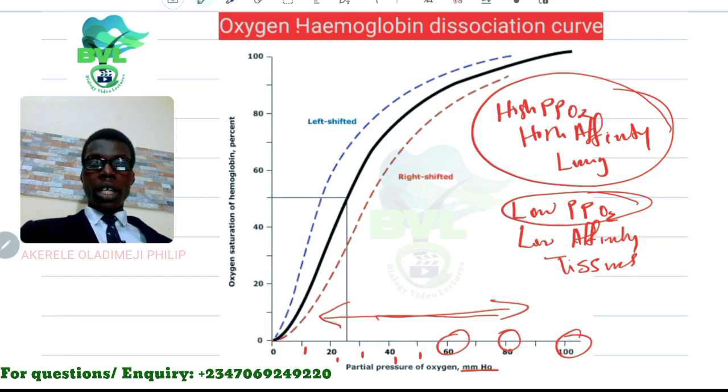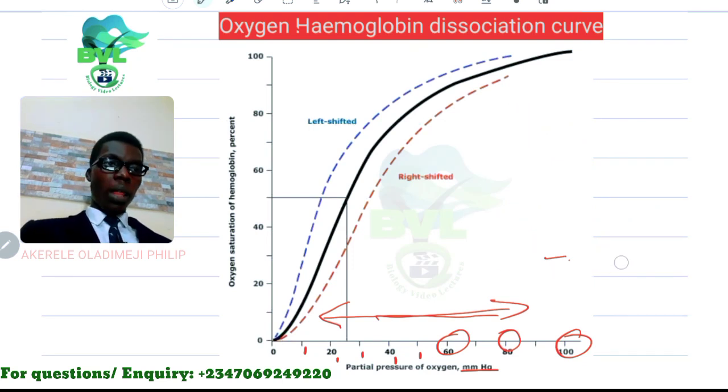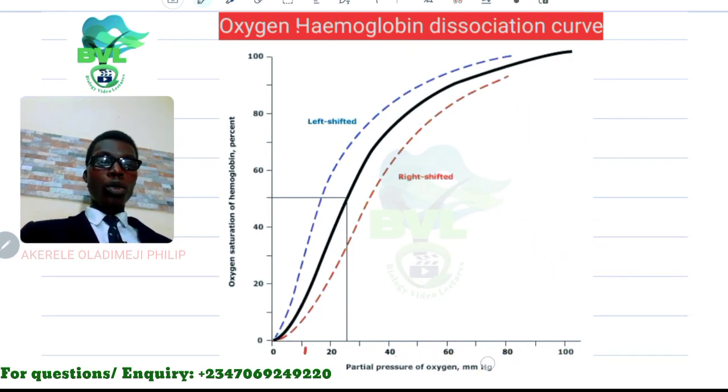All right. Having established these facts, you might want to rewind the video if you need to re-listen to this part. Now, in your examination, you will be tested on this graph. You'll be asked to explain what left shift means, what right shift means. Anytime your oxygen hemoglobin dissociation curve shifts to the left, it means what?